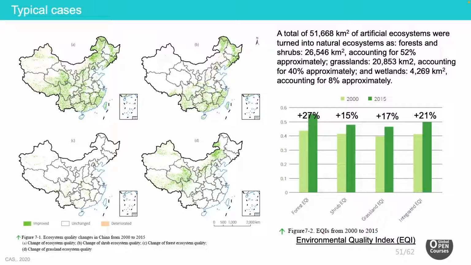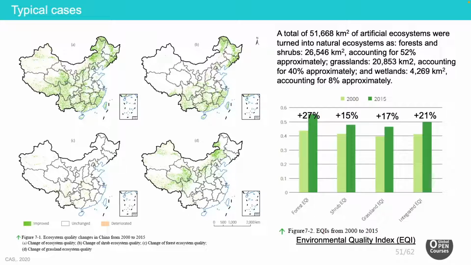In the same period, the overall quality of forest, shrub, and grassland ecosystems in China improved significantly. From the right figure, you can see that from 2000 to 2015, the national EQI, short for Environmental Quality Index, where a big value means bad environmental quality, increased 21%. The forest EQI increased 27%.